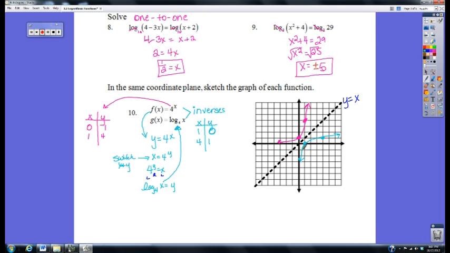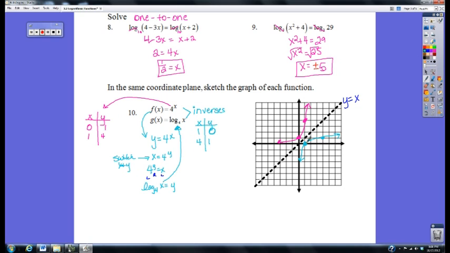Now, when you come down here, do not cross over the y-axis. I'll talk about that in the next examples, but what happens is you have a vertical asymptote right here. Your logarithmic graph comes down here and does not cross over the y-axis. But I'm going to point out, I'm going to make these really big and fat.